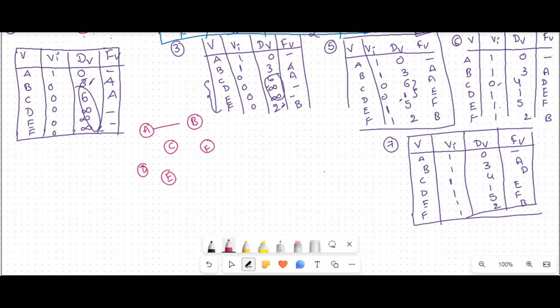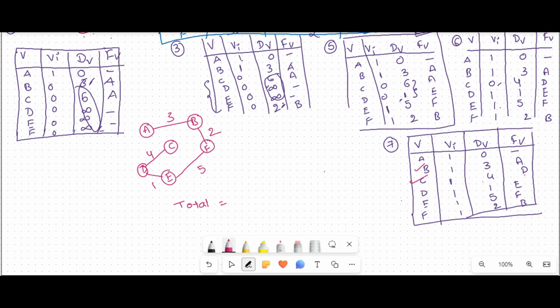From A vertex A to B, the cost is 3 units. This one completed. Next, from vertex D to C, 4 units. This one completed. E to D, the distance is 1 unit. Next, F to E, the distance is 5 units. B to F, the distance is 2 units.